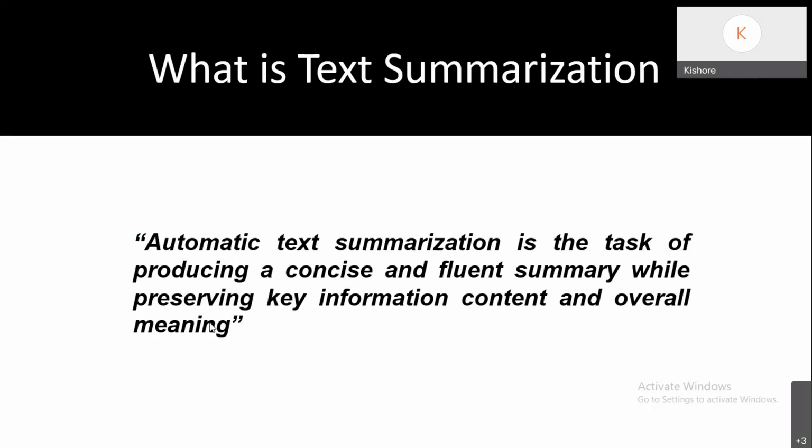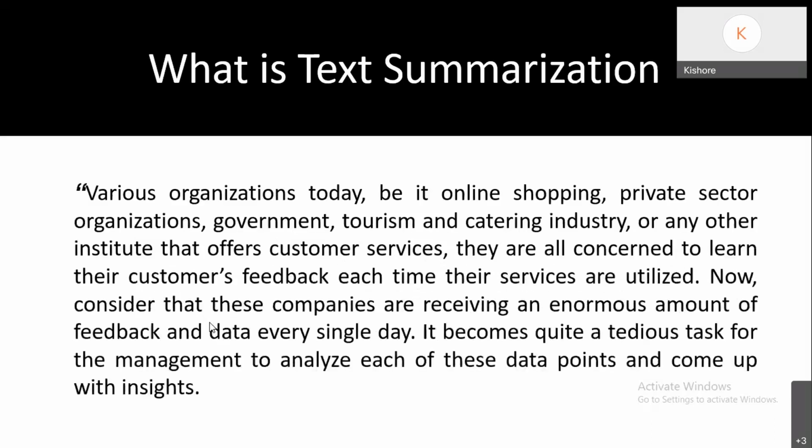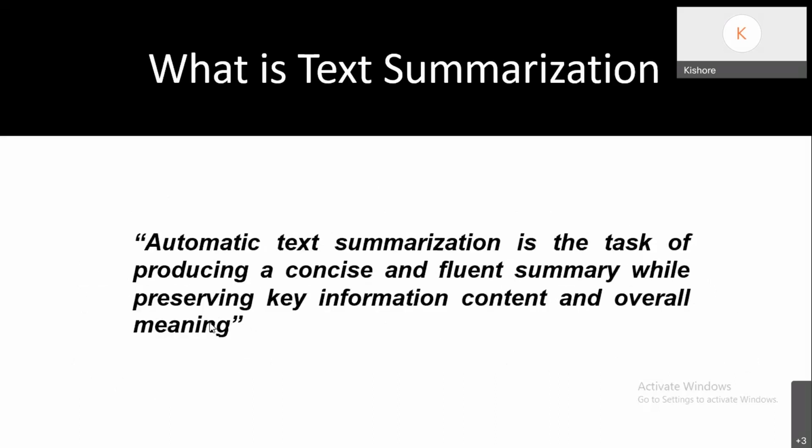There will be a whole big paragraph and we will be shortening it. How do I shorten the paragraph? It's not advised to delete a few lines at the top and a few lines at the bottom. We need to extract the major information. The main goal is to extract the major information.